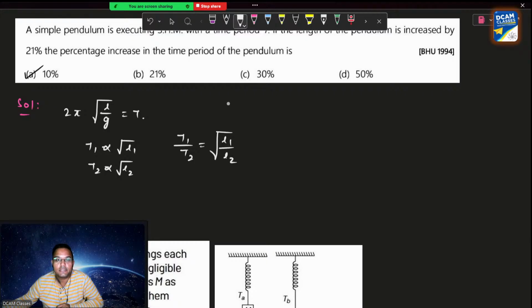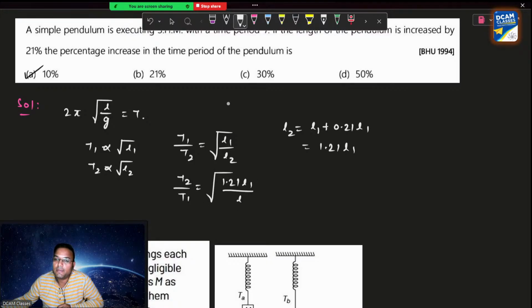Now what they are saying: the length of the pendulum is increased by 21%. Means L2 has become L1 plus 0.21 L1, that is 1.21 L1. So T2 by T1 is equal to root over 1.21 L1 by L1, which becomes root 121 by 100.